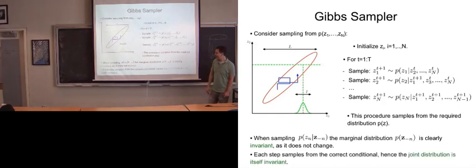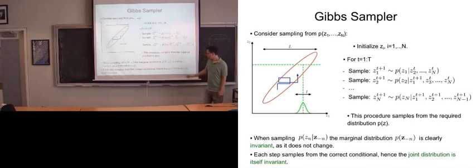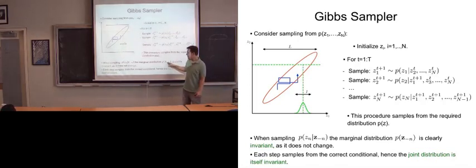And each step samples from the correct conditional distribution. So the joint distribution has to be invariant. That's the intuition for why it's invariant. Do you see that? The marginal remains the same, and the conditional is the correct conditional, so the whole joint has to remain invariant.